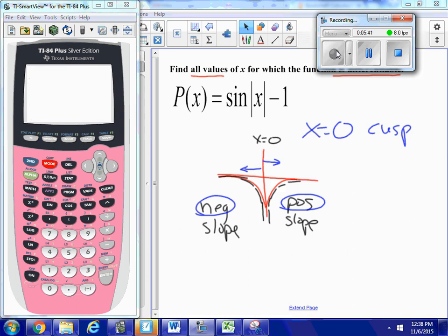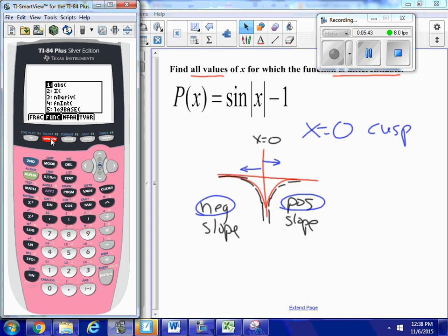I go to my calculator and I go alpha f2, and the third function down says n derivative. And that function gives me a derivative of a function at a particular x value. So the first spot is I put in the function.